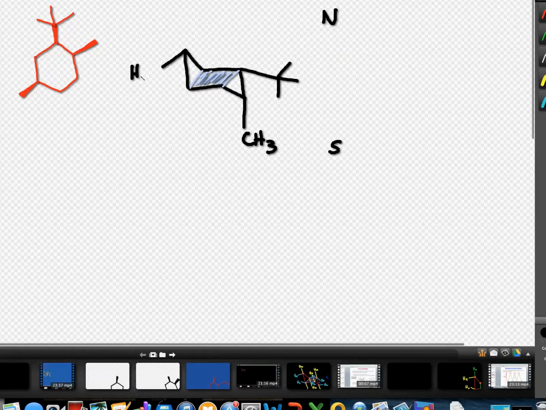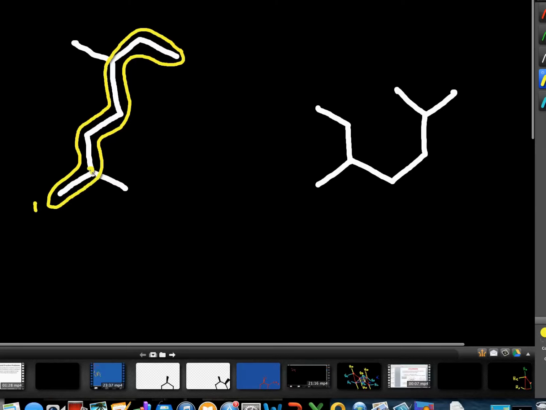And I'm going to have 1, 2, 3, 4, 5, 6, 7. I'm going to lasso this one as well. You could also try to rotate all these bonds to get them to superimpose, but I think it's easier to name it. 1, 2, 3, 4, 5, 6, 7.